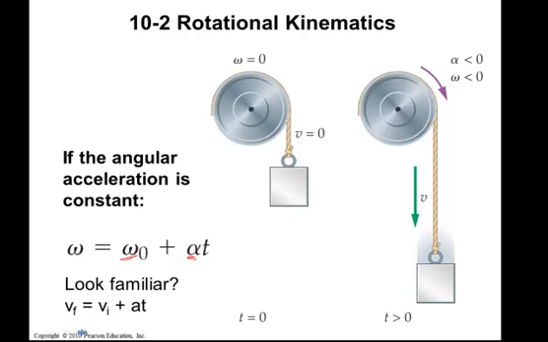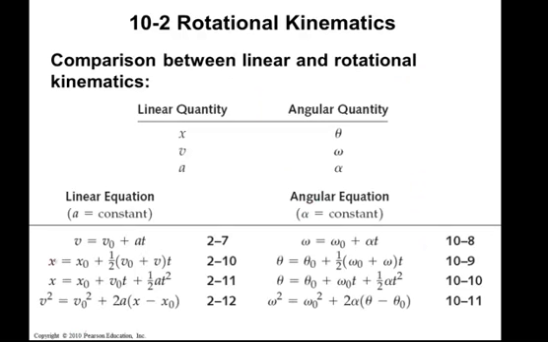Which means that all of our equations that we've had in the past, we had VF equals VI plus AT. And then we had distance is VIT plus 1/2 AT squared, and VF squared equals VI squared plus 2AD. All of those same equations we're going to see again in terms of omegas.